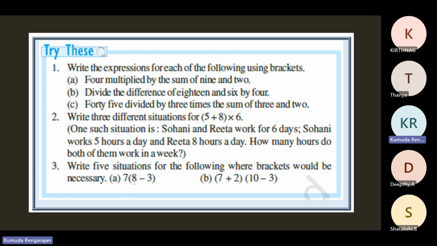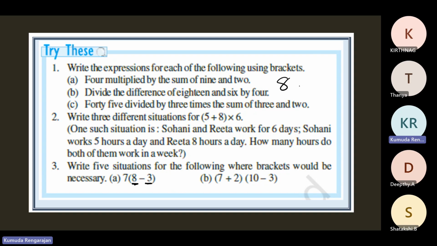Sharma has to work for 8 hours a day, but he takes permission for 3 hours and leaves early. See, Sharma goes to an office and he has to put in 8 hours of work at his office.